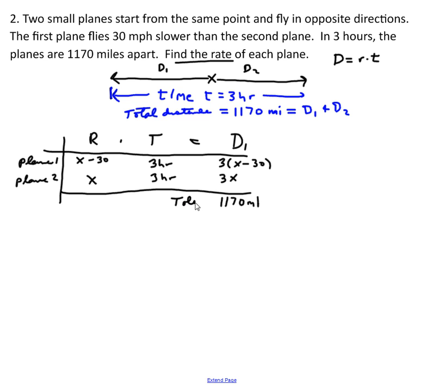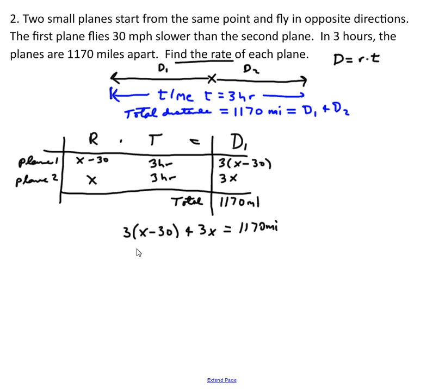The word total is always interpreted as a sum. So we have the formula right here in our last row: 3 times x minus 30 plus 3 times x miles is equal to a total of 1,170 miles.